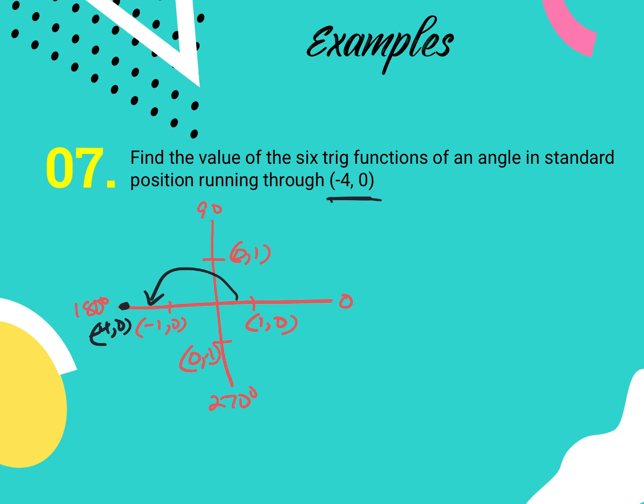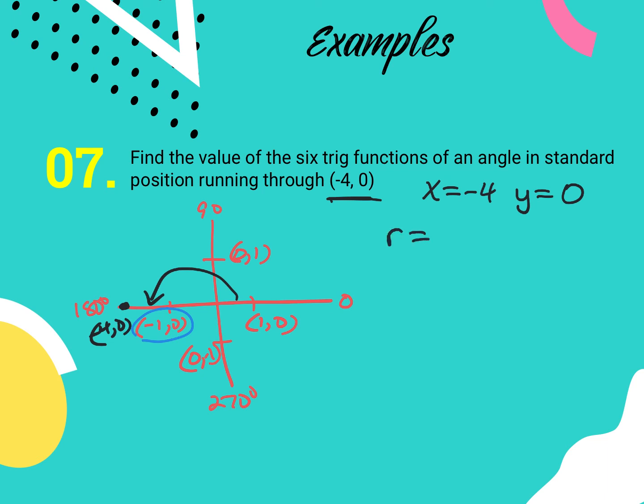So what I want you to do here is write down the 6 trig functions for the 180-degree angle, because that's the terminal side where this ordered pair is located. Now, let me show you what happens if I use the original versus using the other ordered pair instead of the -4, 0. So, for example, in my ordered pair, I know that x is equal to -4, y is equal to 0. I need to find the r value for the 6 trig functions.